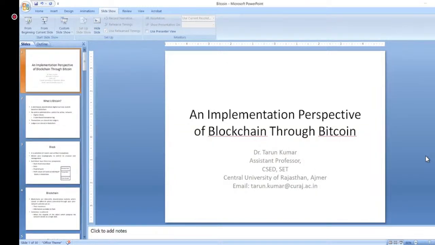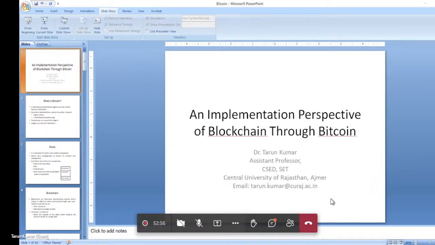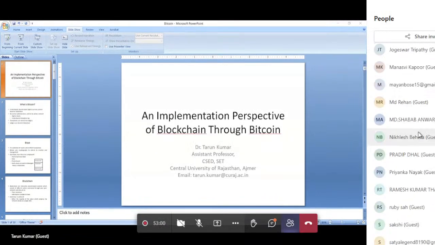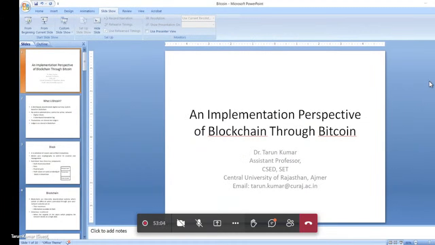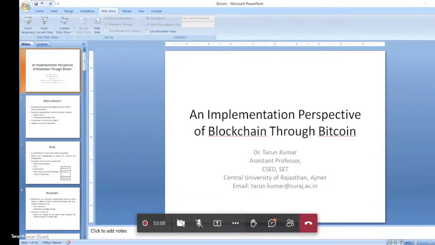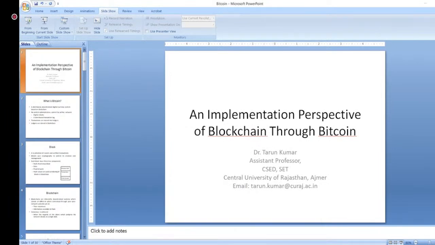It is distributed across different nodes. And the second thing is that it is decentralized. Decentralized means there is no centralized control over the policies of the cryptocurrency.